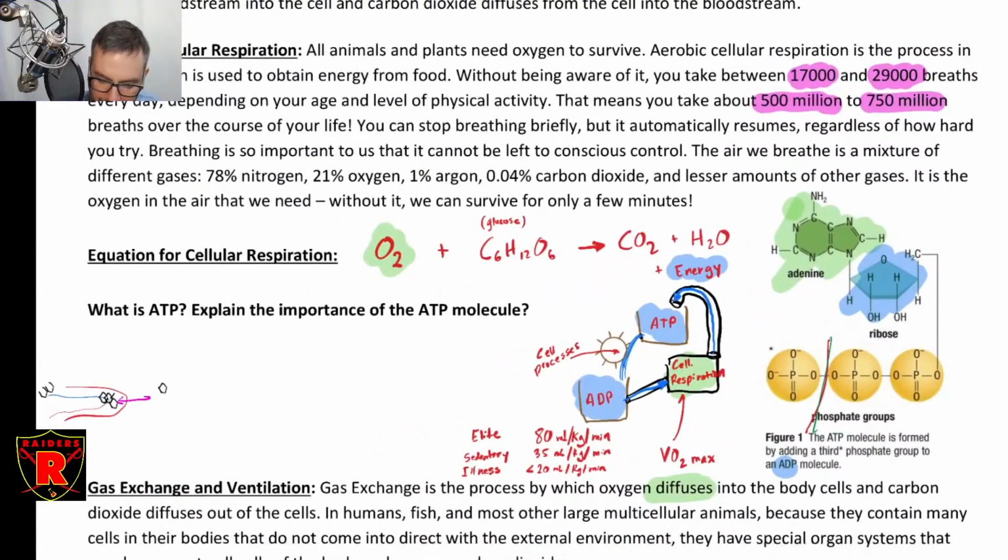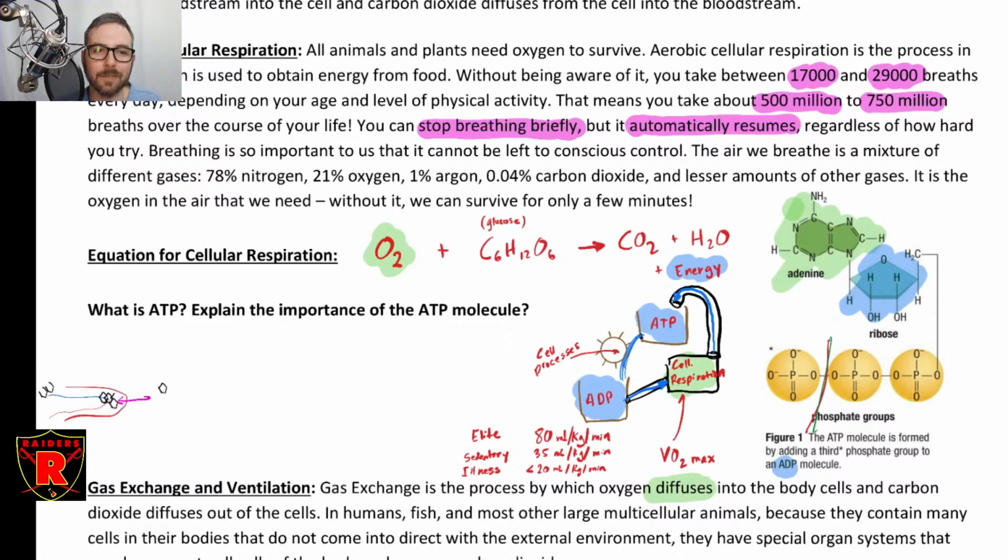And if you stop breathing, which you can do at will, you can physically force yourself to stop. However, it does automatically resume. So you can't shortcut this one. If you do manage to hold your breath long enough for you to go unconscious, which is physically possible, don't do that.